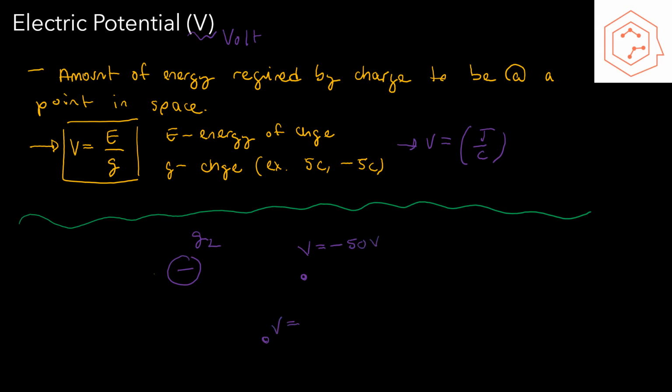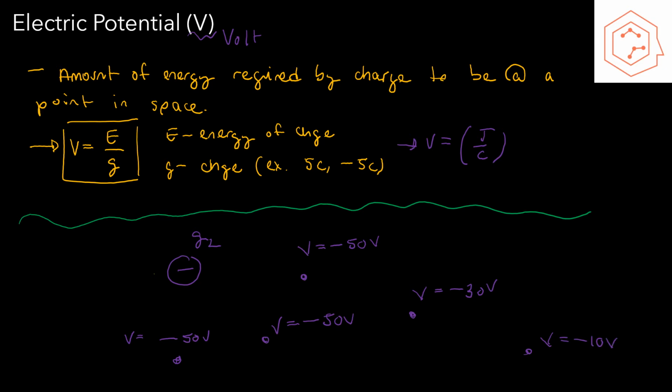The farther we get, it decreases in magnitude, but it increases in value, because this is a negative charge, it's very similar to the electrical potential energy. So over here, we're going to have negative 30 volts. Over here, we'll have negative 10 volts.